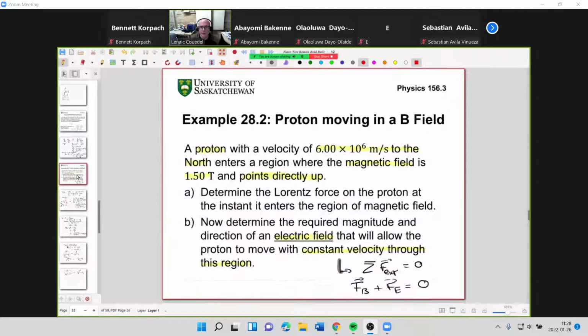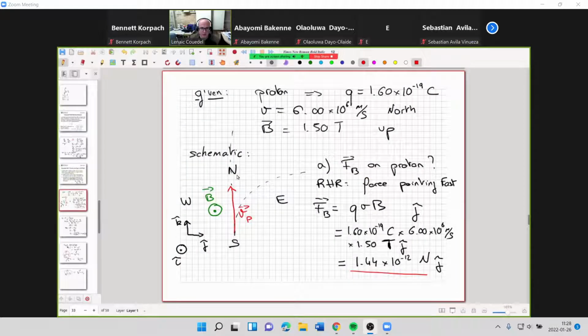In the question, there was no orthonormal basis given to you. If you read the question, they just tell you a proton is going northward and the magnetic field is pointing top. So when I made a schematic of the situation, I just drew north, south, west, east, and the magnetic field pointing top, so out of the page. Then for the calculation, I chose an orthonormal basis, so I can write i hat, j hat, and k hat.